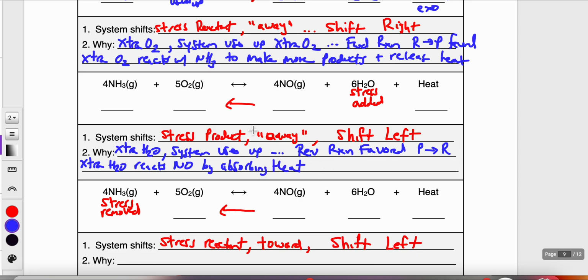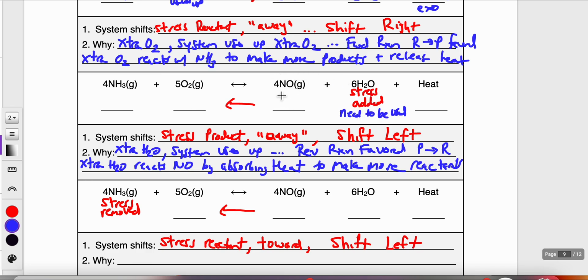And the result is they make more of the reactants. So this stress has to be used. And the way it's used is by reacting with the NO.